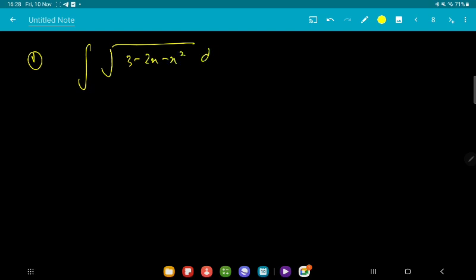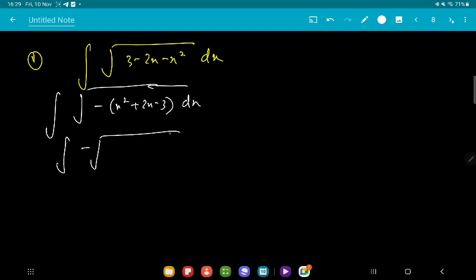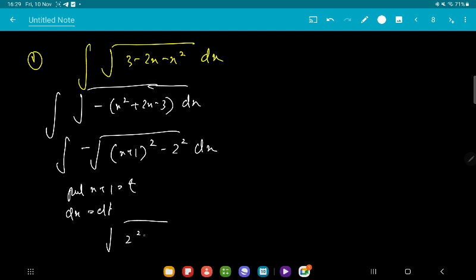Integration of under root 3 minus 2x minus x squared dx. First make the coefficient of x squared as plus. Then try to make the perfect square. Now put x plus 1 as t, you will get dx is equals to dt. 4 will become 2 square minus t square dt now.